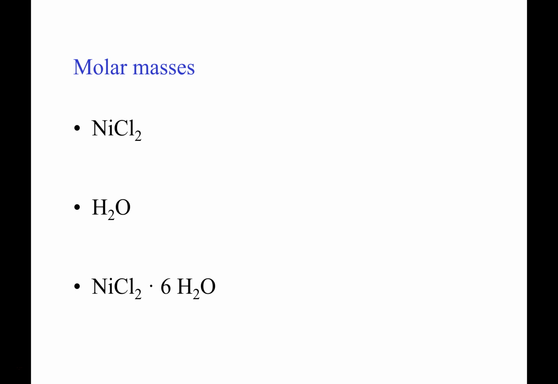So here we go. For the nickel 2 chloride, 1 times 58.69 for nickel, and for the chloride, 2 times 35.45. So you're looking at a molar mass of 129.59 grams per mole.